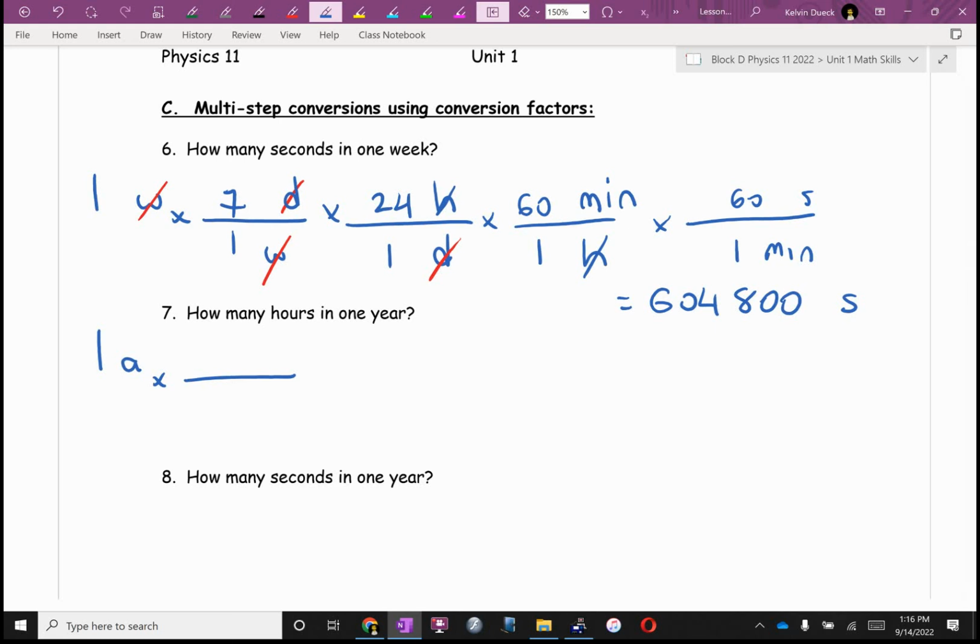I wouldn't use 52 weeks because it's not exactly 52 weeks. It's 52 weeks and change. But a year is defined as 365 days. So that one we're good with. Jesse, where is years going to go? Top or bottom? Yep. On the top, days, and a 365 on the top and a 1 on the bottom.